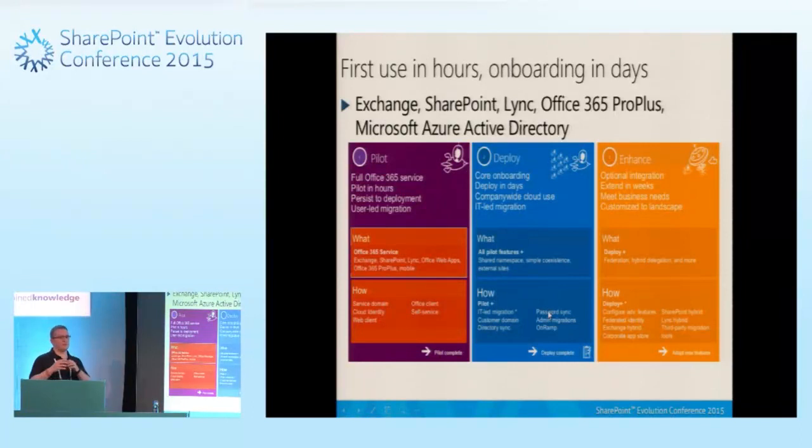Usually when you start to put things out there, you need to add the custom domain. You need to add the settings inside the domain services and so on. And then of course you need to do migrations. You need to help the customer to move from the on-prem environment to the Office 365 environment. And this is the way to do it, as Microsoft is saying.